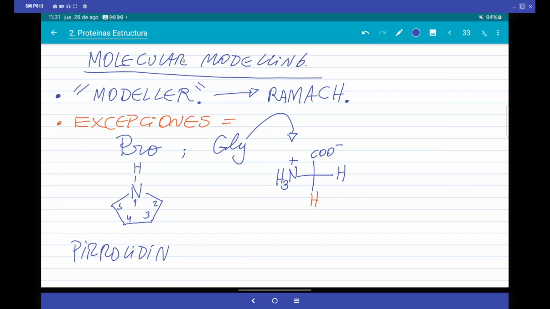Perfect, very well. Then position 2 has the carboxylic acid. In reality, in strict rigor, it will be drawn like this.